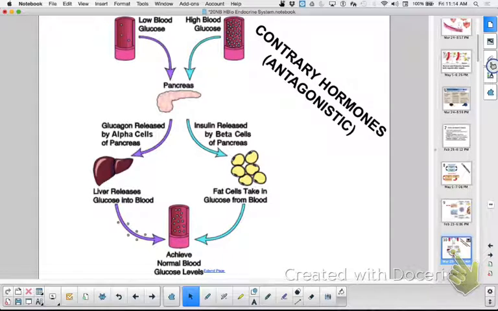And so it lowers blood calcium, whereas parathyroid hormone from your parathyroid gland that sits on top of your thyroid gland will elevate blood calcium levels. So they keep it just right. Exactly. So antagonistic hormones, I believe the word you're looking for in your notes is contrary. Contrary hormones that have opposite effects.